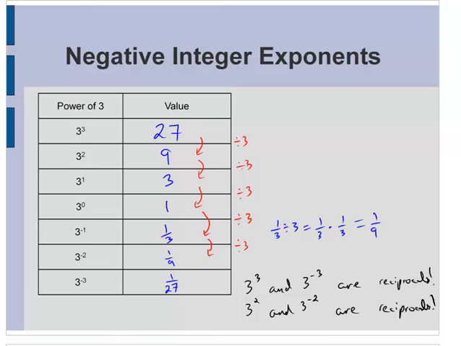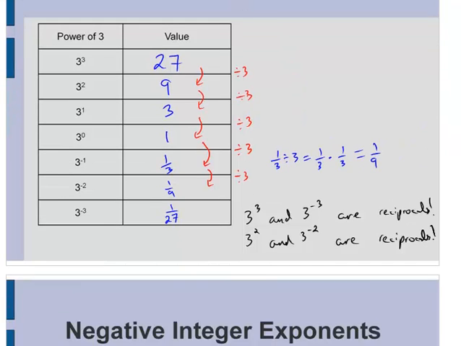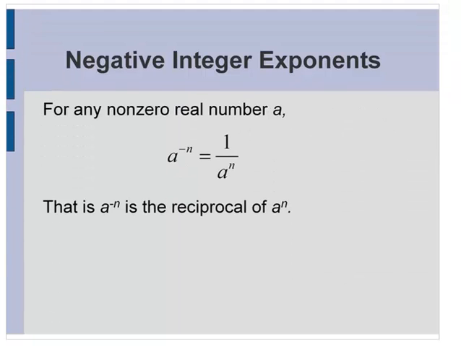So the negative exponent tells us to use a reciprocal. For any non-zero real number a, a to the negative nth power is the same as 1 over a to the nth power. That is to say, a to the negative nth power is the reciprocal of a to the nth power.